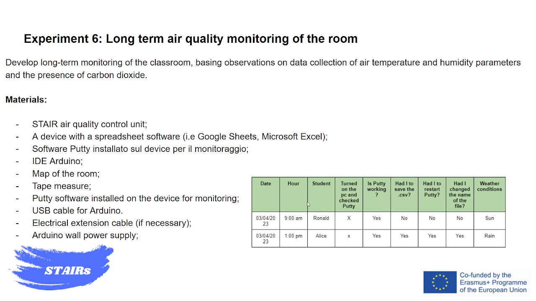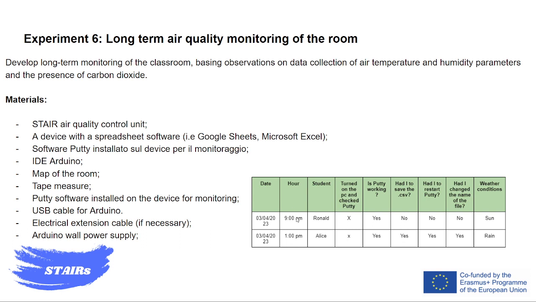As you can see, we produced a checklist. It is an example for your students, because every day students will have to check if the PuTTY software is still working, and if it saved data.